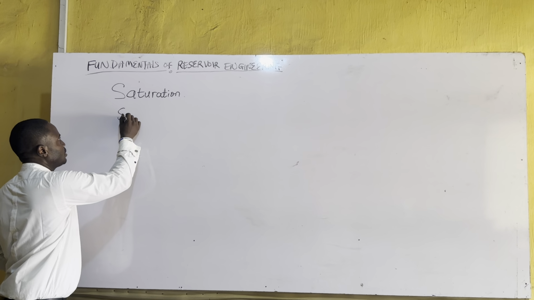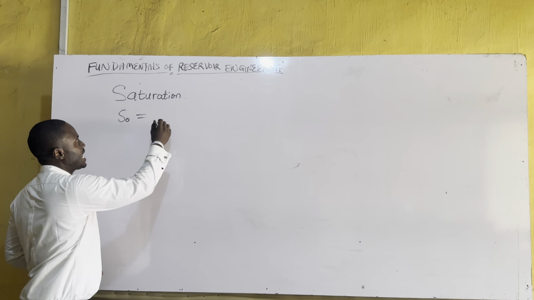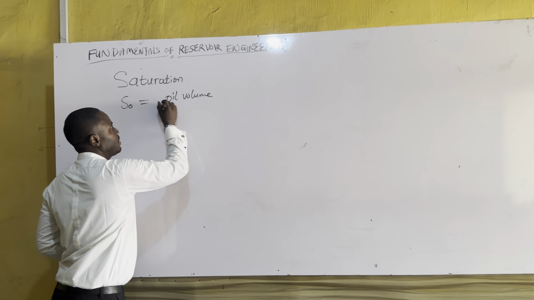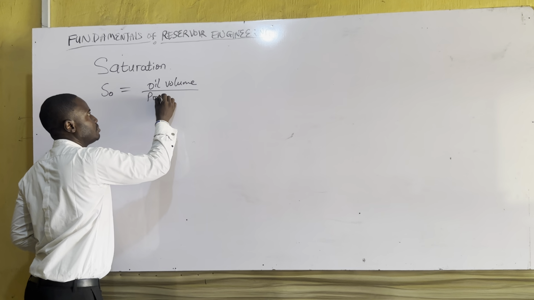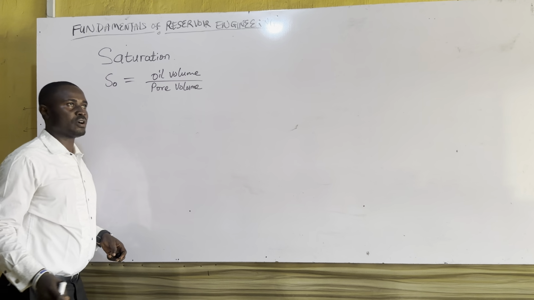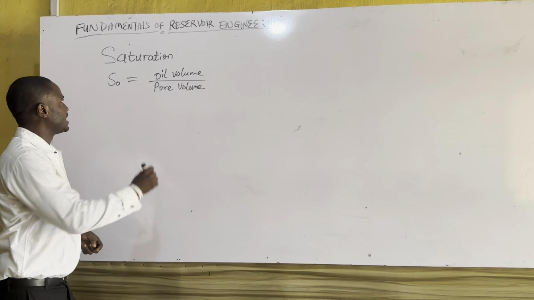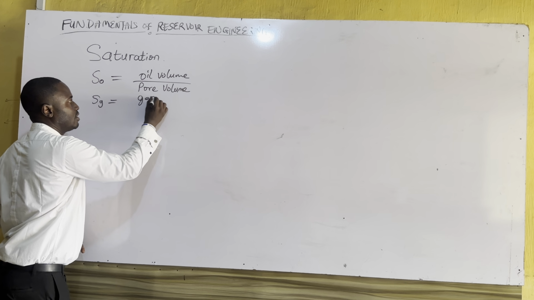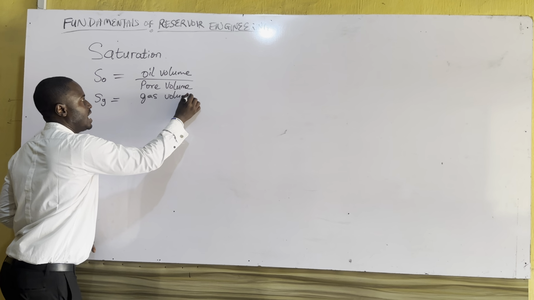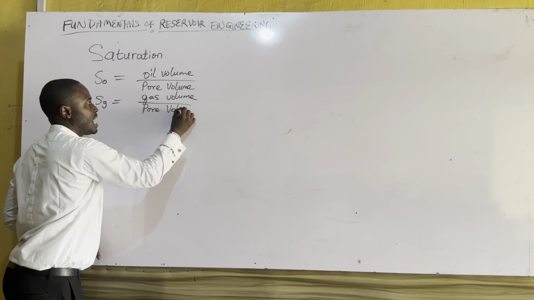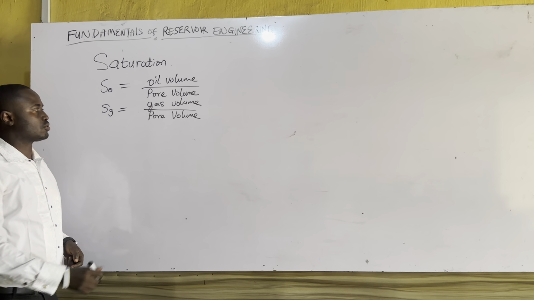And for the saturation of oil, we have it as the oil volume over the pore volume. The pore volume, which is the space within the reservoir where oil occupies. And for the gas saturation, we have it as the gas volume over the pore volume available for the gas to occupy.